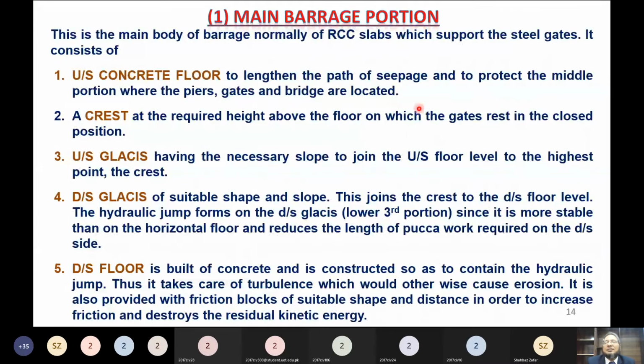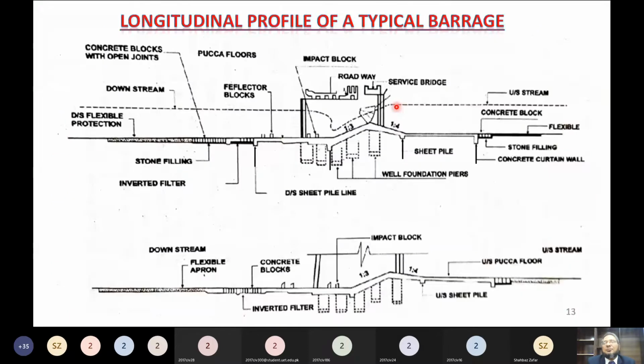What is the main purpose? To protect the middle portion where the piers, gates, and bridge are located, where there is a weir, where there are gates and bridge etc. And the bridge piers also rest at this place.